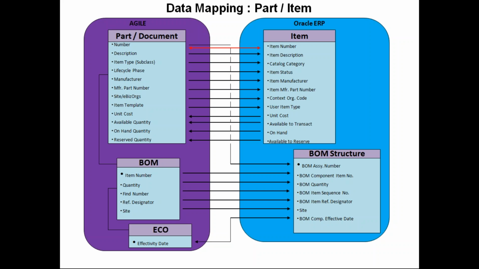Then if you look at some standard things, quantity will come across, find number will come across as the item sequence number, the reference designator would typically come across as the bill of materials item reference designator, the site comes across as site, no confusion there.